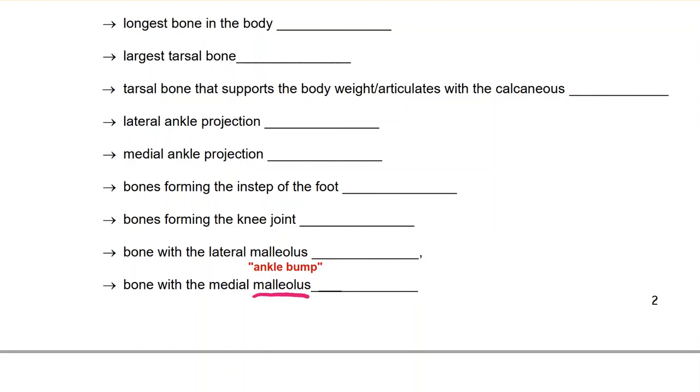You have one on both of your lower leg bones, and those form the bumps of your ankle. When you touch your ankle and there's a bone on the lateral side, that's a malleolus. And on the inside of your ankle, if you palpate it, that's a malleolus. So you have a lateral one and a medial one, and they go with each of the lower leg bones. Not difficult.